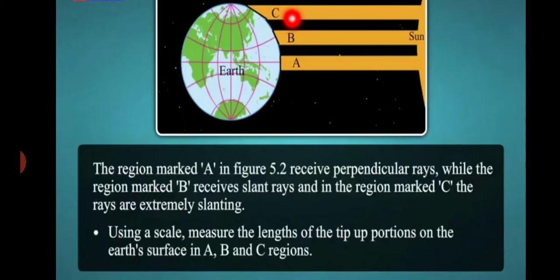And in the region marked with C, the rays are extremely slanting. Now, students, using a scale, measure the lengths of the lit up portions on the Earth's surface in A, B and C regions.